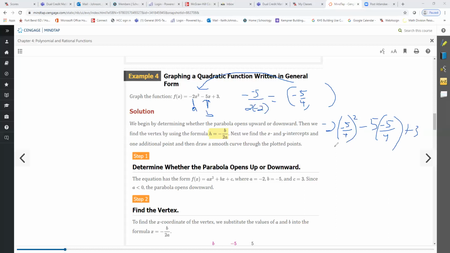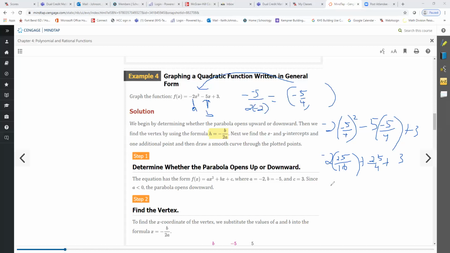Okay, now this is going to be 25 sixteenths, sorry, times 2. So it's going to be negative 2 times 25 over 16. And this is going to be plus 25 over 4 plus 3. If it was me, I'd throw that into the calculator and find it.